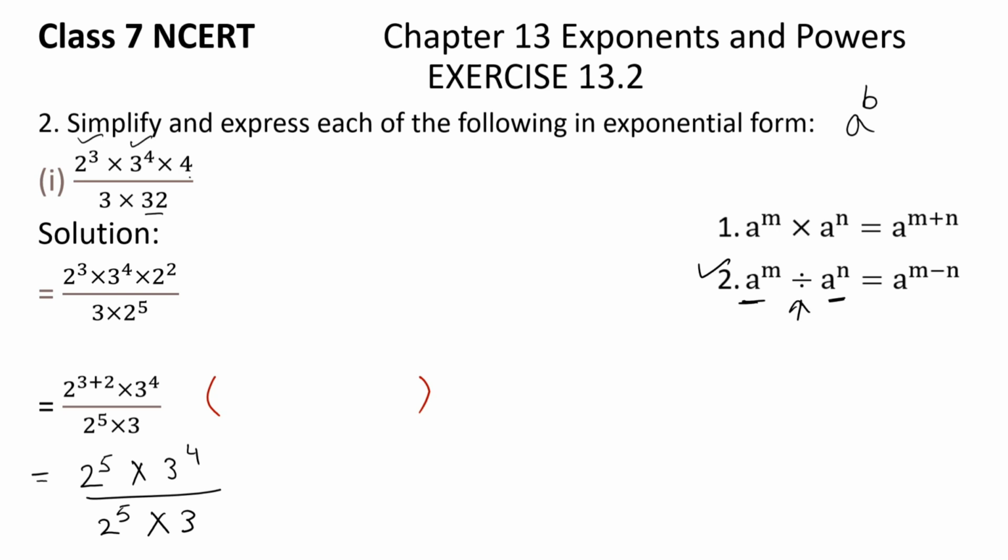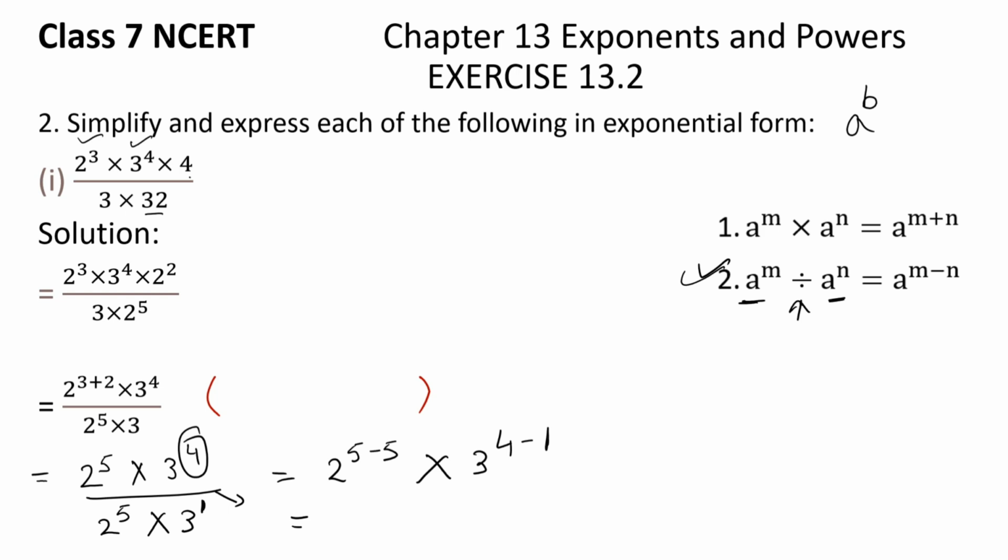So here 2 raised to the power of 5 minus 5. This bar here is for division. So 2 raised to the power of 5 minus 5 into, here is 4 and the exponent here is 1. So 3 raised to the power of 4 minus 1. And then you're going to write this law next to it, the second law.